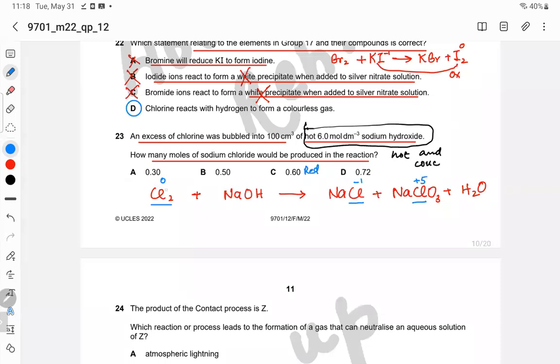So if we observe, out of these 2 chlorine, 1 chlorine is changing from 0 to -1, which means the change is -1 over here. And the other chlorine is changing from 0 to +5, which means the change is +5 over here. Is this part understandable to everyone?